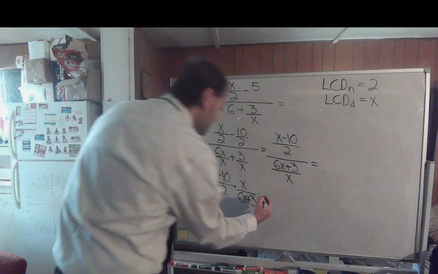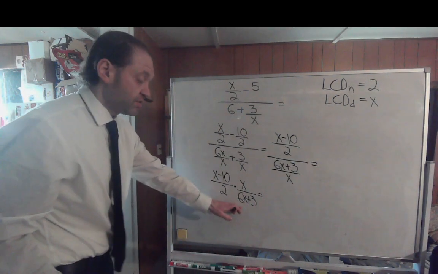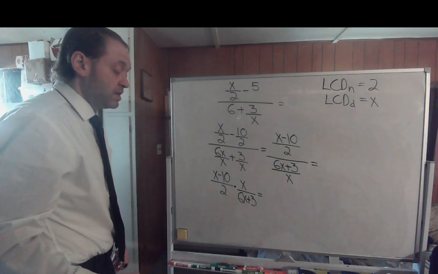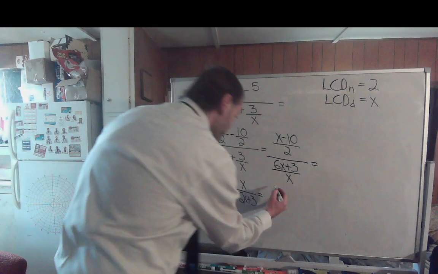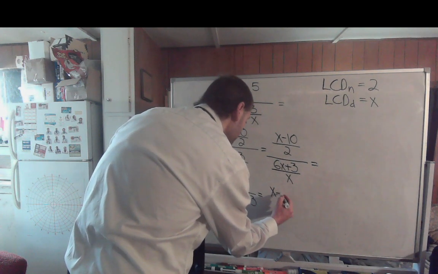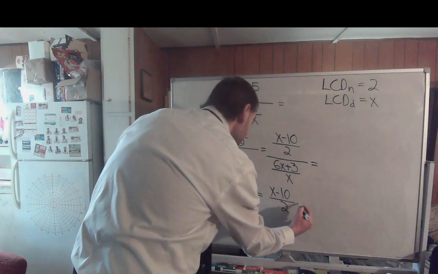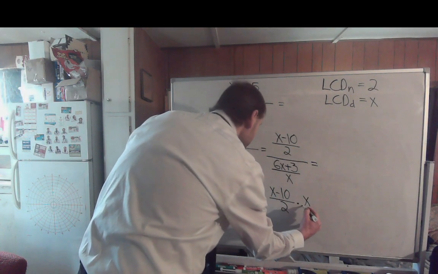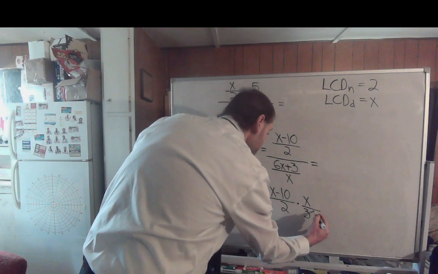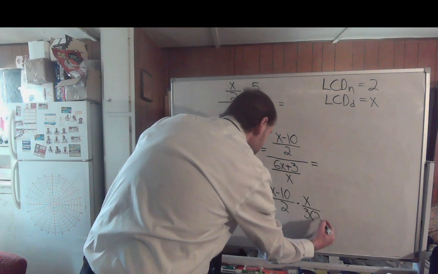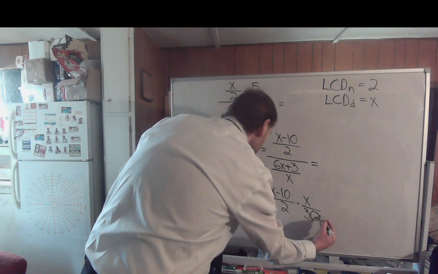Which now, let's see what we can factor out with the 6x and 3. We definitely could factor out a 3, right? So this would be x minus 10 over 2 times x over 3 times 2x plus 1.